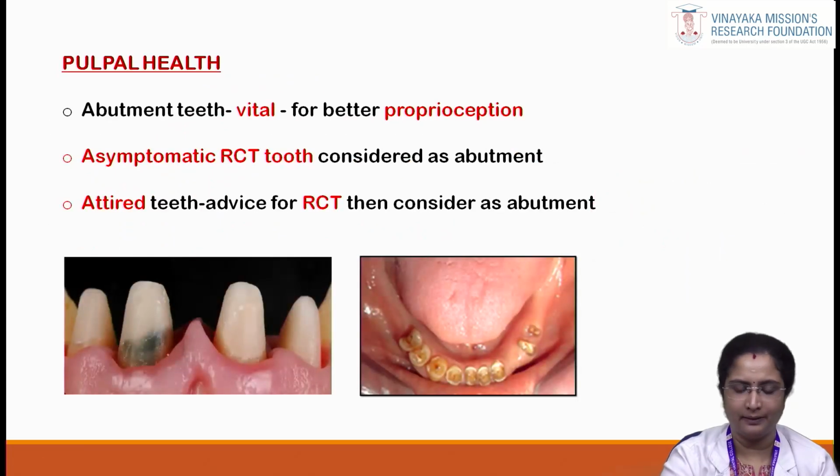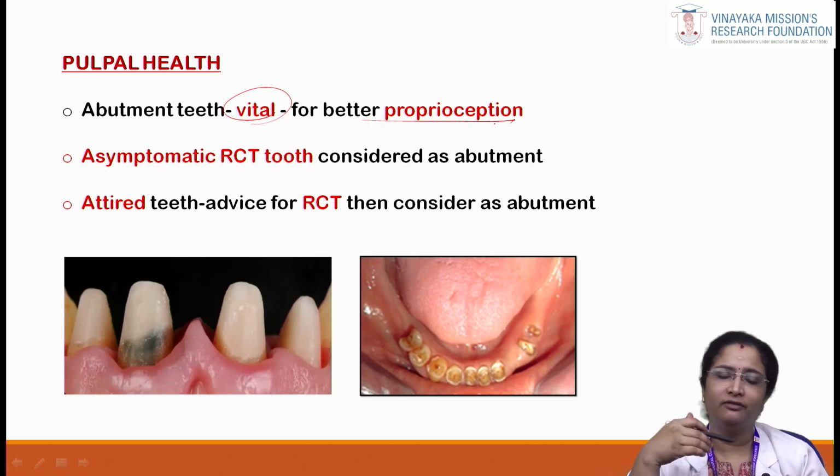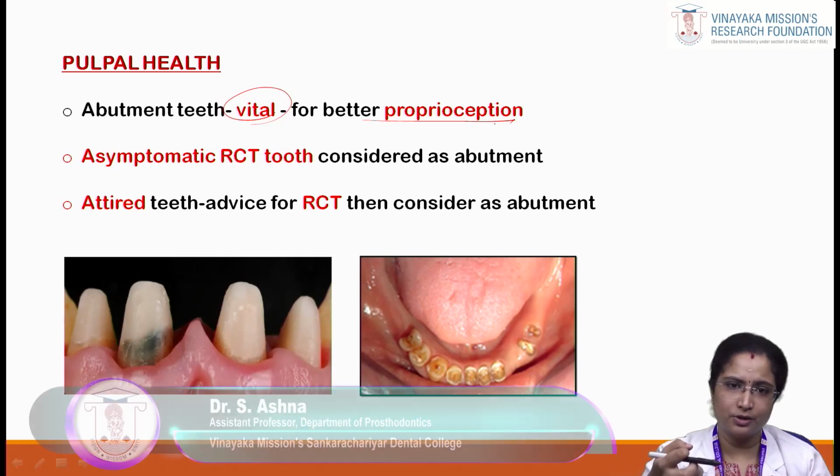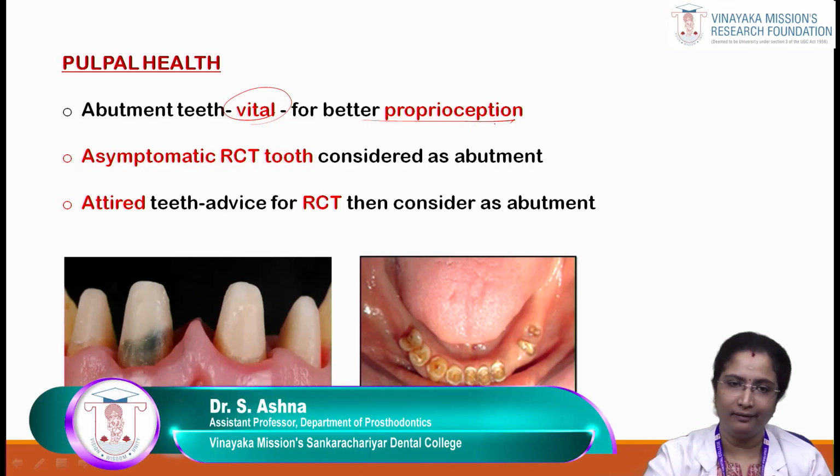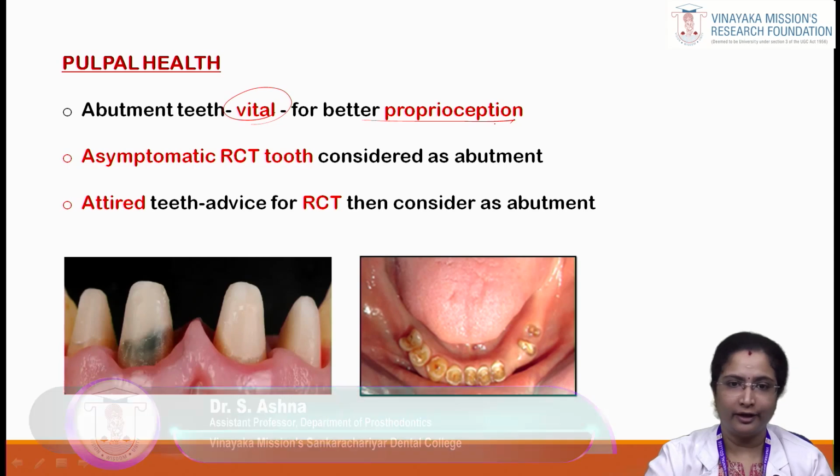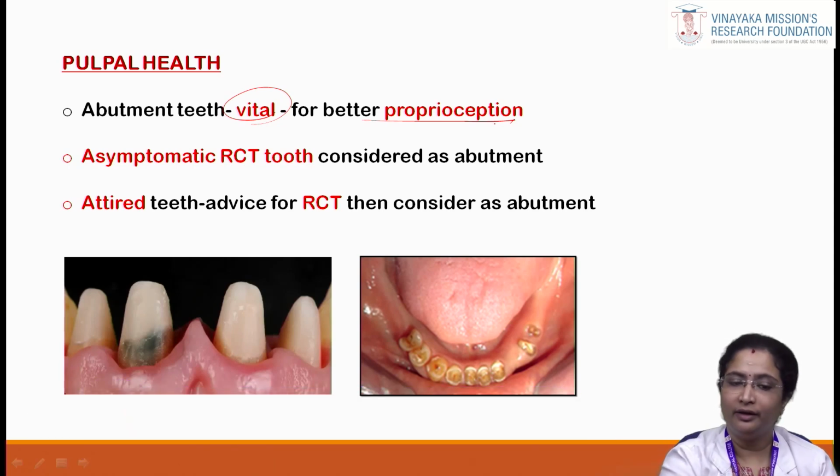Next is pulpal health. Ideally speaking, a vital tooth will have better proprioception than a non-vital tooth, which means if we prepare a vital tooth, the load distribution is going to be better when compared to a non-vital tooth. But a non-vital tooth, if it is root canal treated and asymptomatic, can be considered as an abutment also.